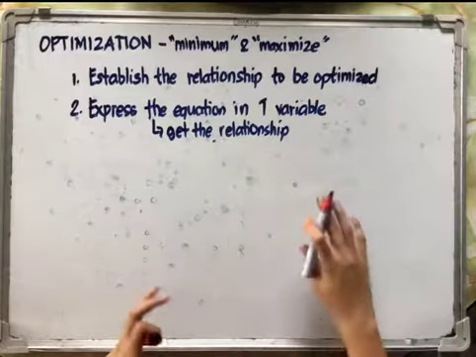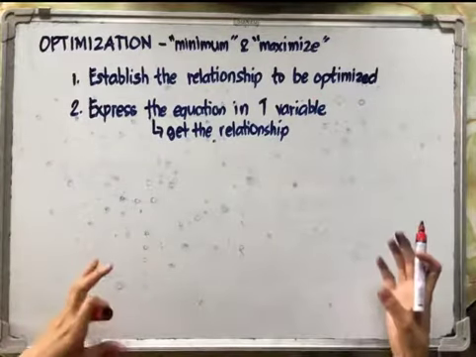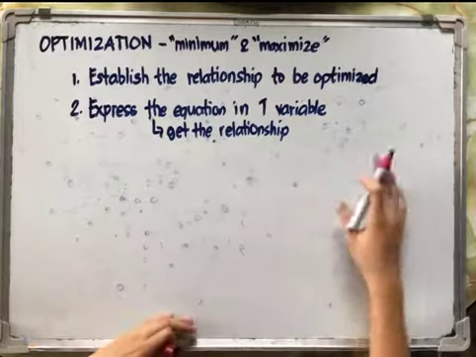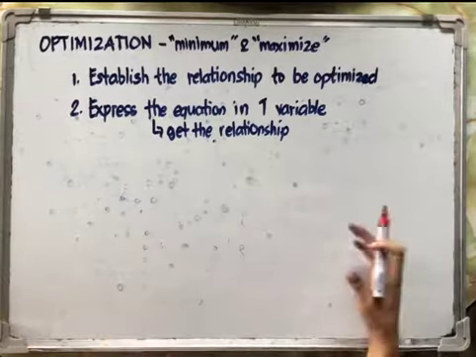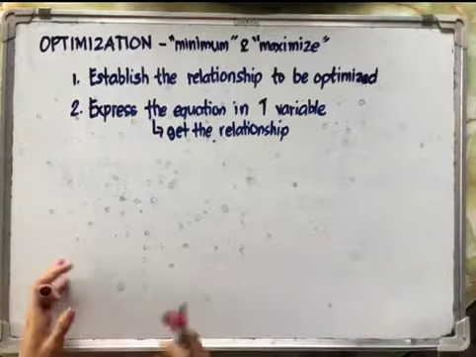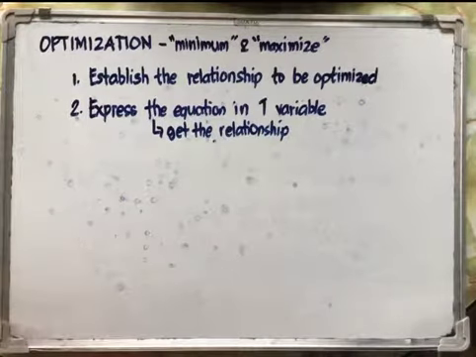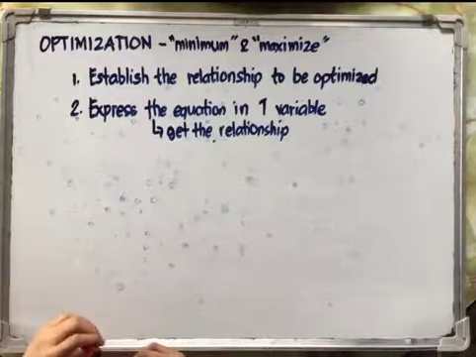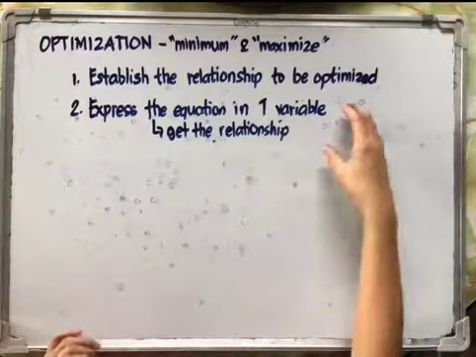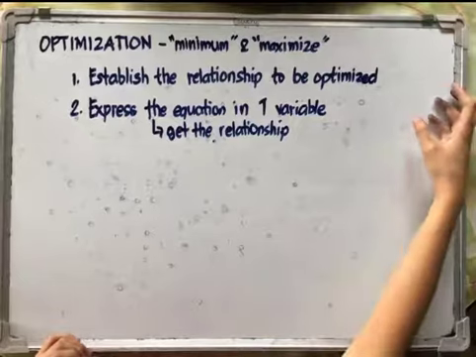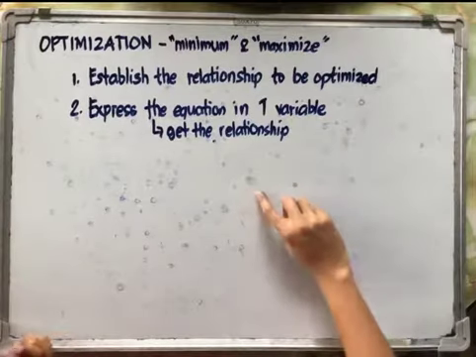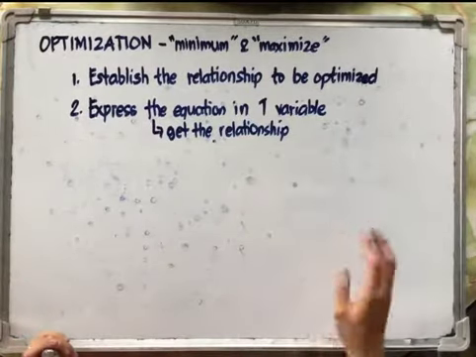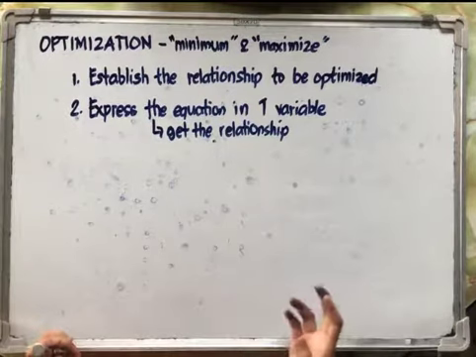So, basically, dalawa yung equation mo or more. The first equation would generally be the equation to be optimized. And the other equations na pwede mong ma-establish would help you get the relationship so you can express the equation to be optimized in only one variable lang. Okay? So, mamaya sa example, you will see naman what I'm really talking about here.